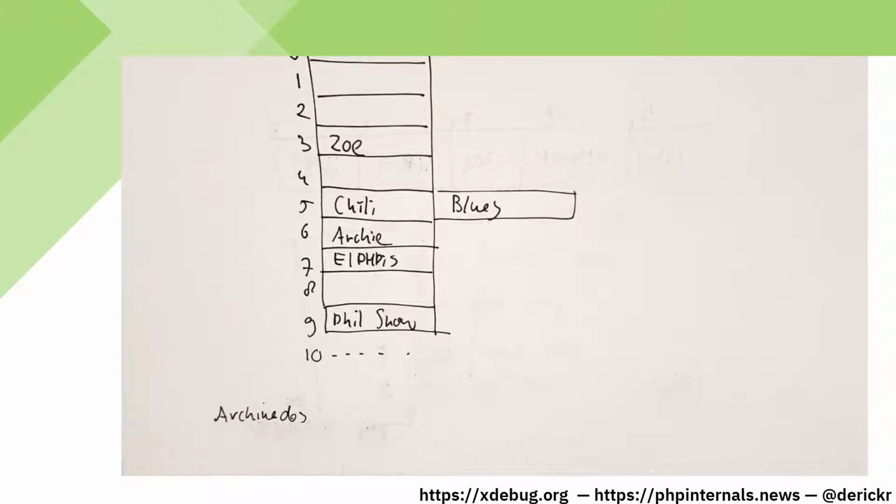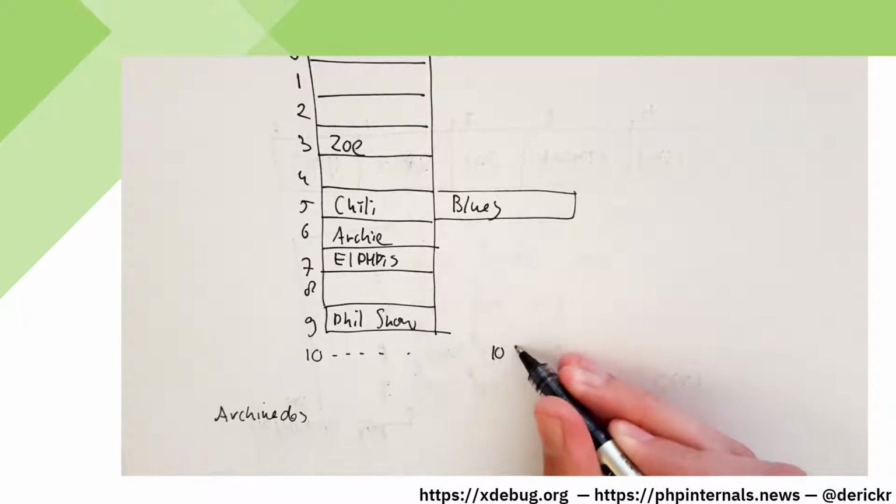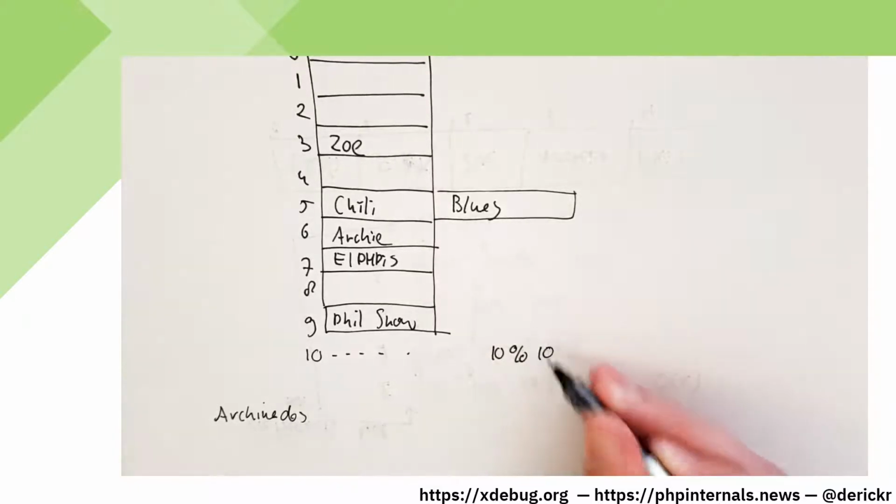Well, the typical way of doing that is using a modulo. So if you have a limited set of elements in your list, then what you can do is do the modulo of how many elements you have. Let's say 10 in this case. And of course, if you calculate 10 modulo 10, you get 0.